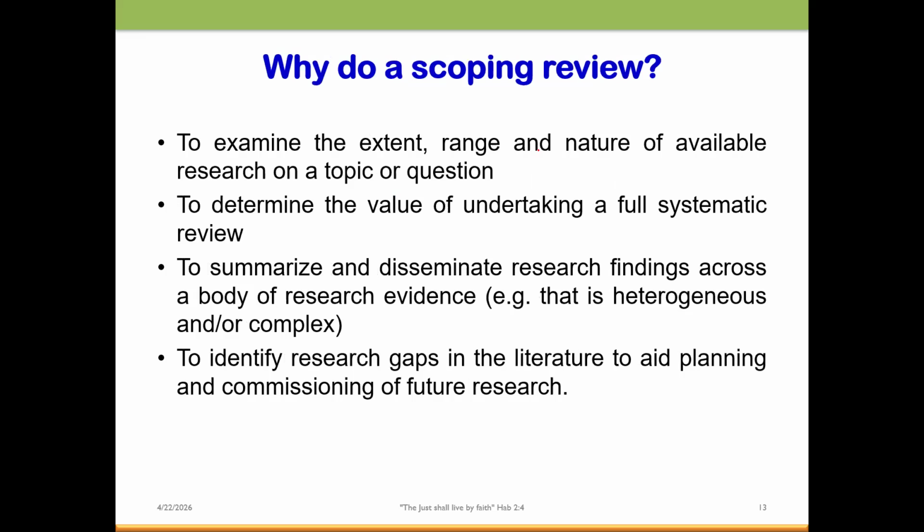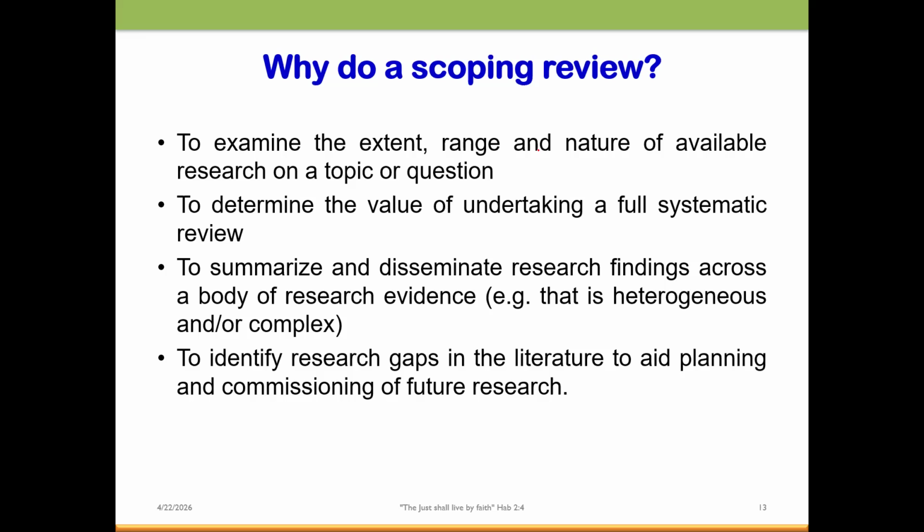So why do we do a scoping review? Number one is to examine the extent, the range, and the nature of available literature on a topic or a question. If you want to know the amount of data on a given topic or question, you carry out a scoping review. If you want to determine the value of undertaking a full systematic review, you can also carry out a scoping review.